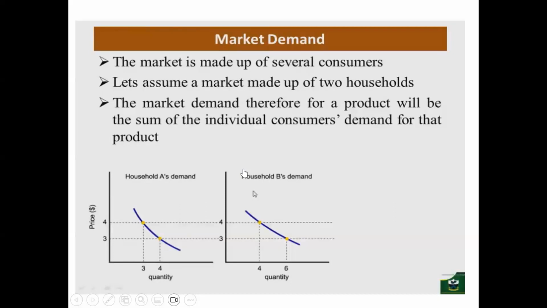Then the market demand will be the horizontal summation of these individual household demands. That means in the market, at a price of 4, the market quantity demanded will be 7, which is 3 plus 4. And when the price reduces to 3.